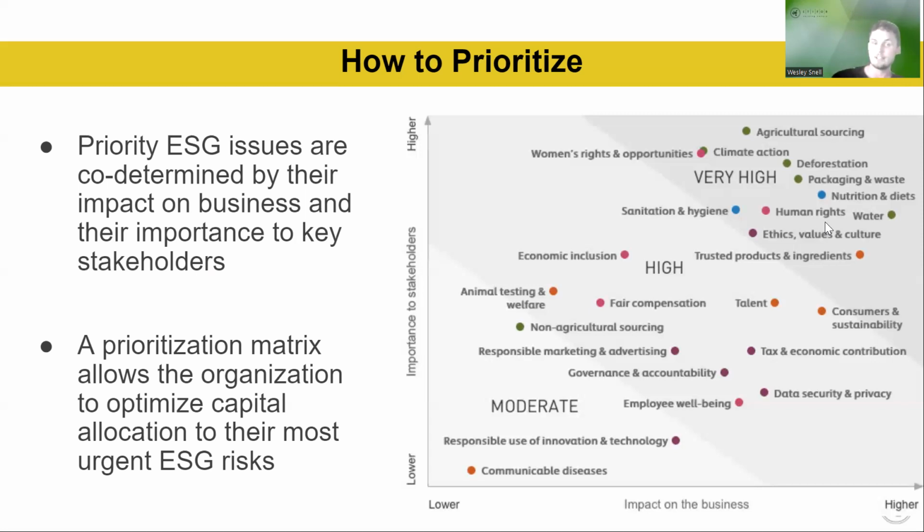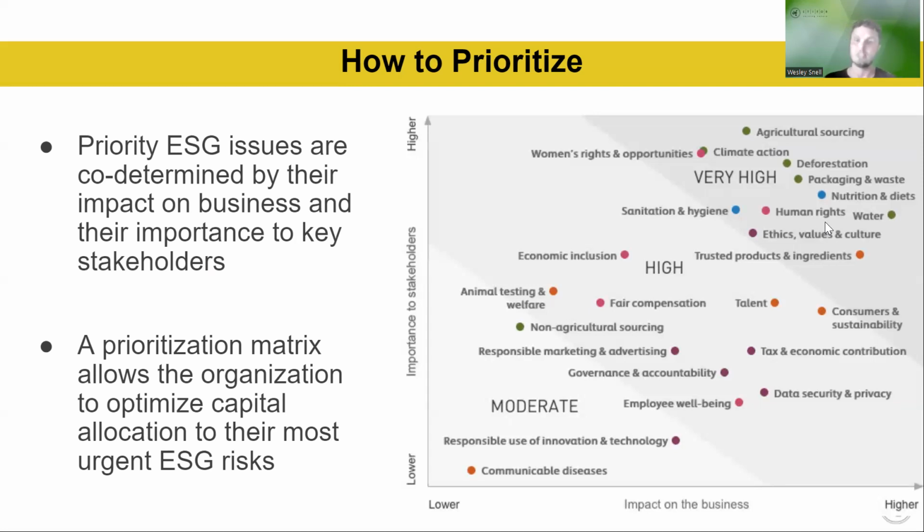On the y-axis, you see the importance to stakeholders. So it's not just enough for you to self-report your material impacts. It's also very much co-determined by the perception of your key external stakeholders, your investors, your business-to-business partners, your consumers, and other major stakeholders that you're engaging with.